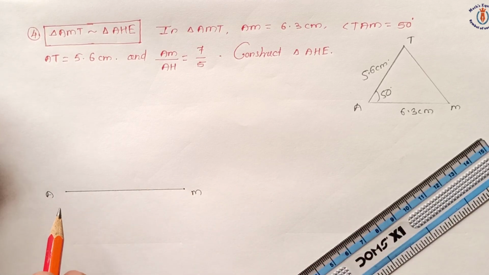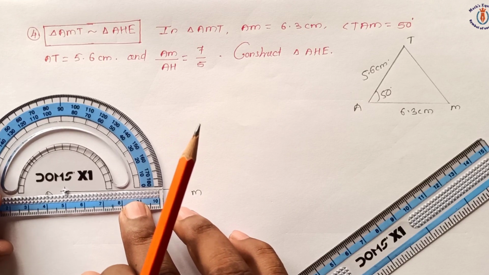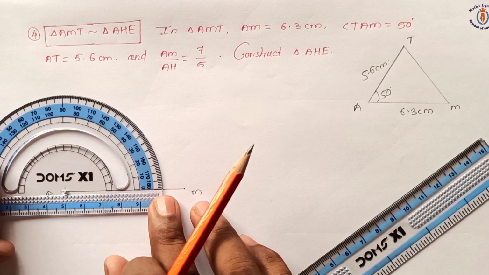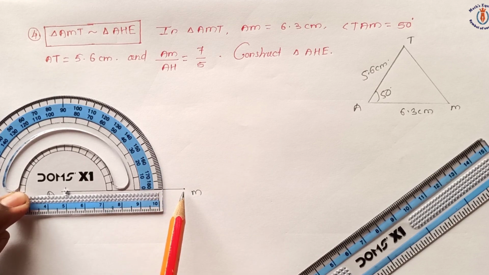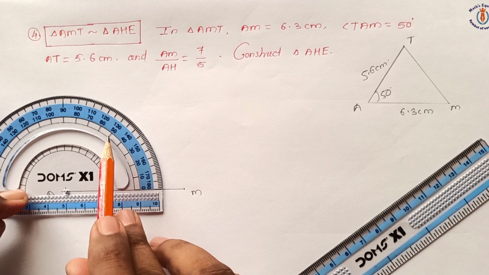Now this angle TAM is equal to 50 degree. So we will keep this protractor on this point M. Now start counting from the opposite point. So this is 10, 20, 30, 40 and 50 is here.